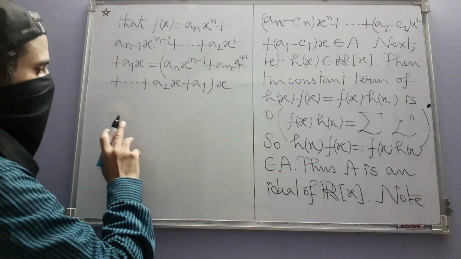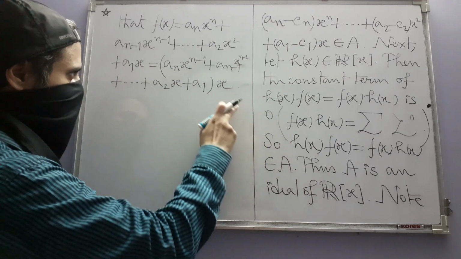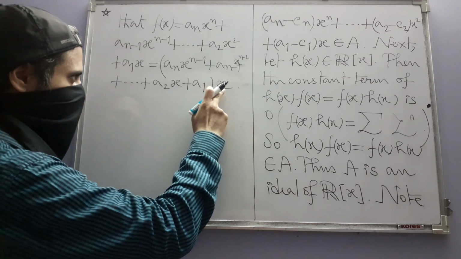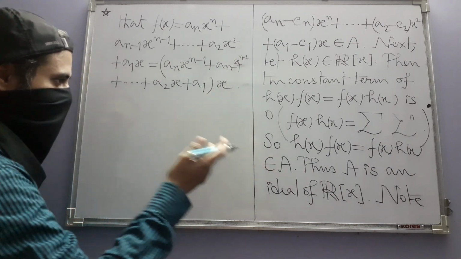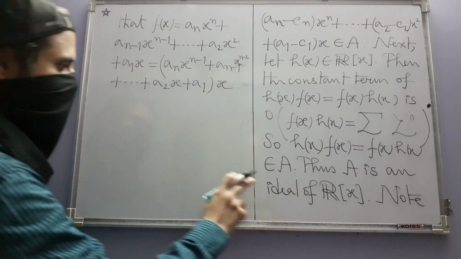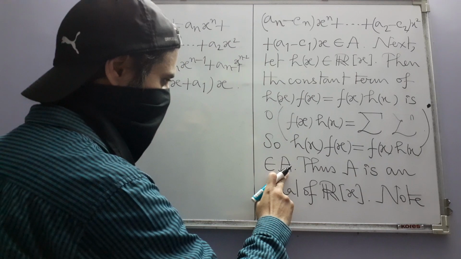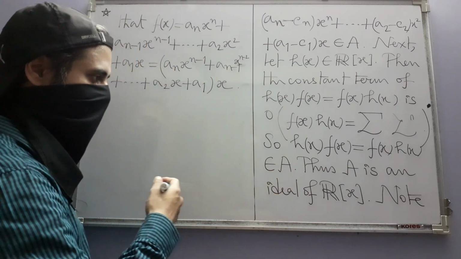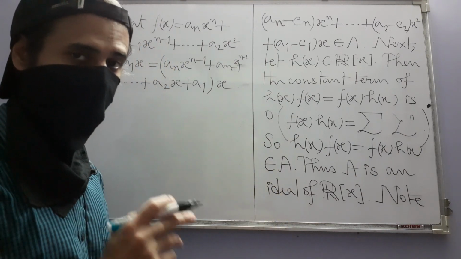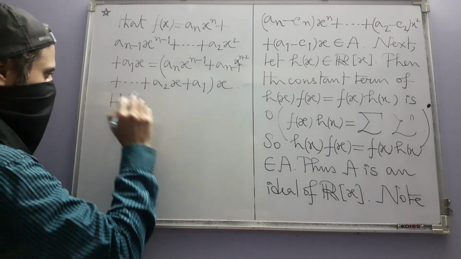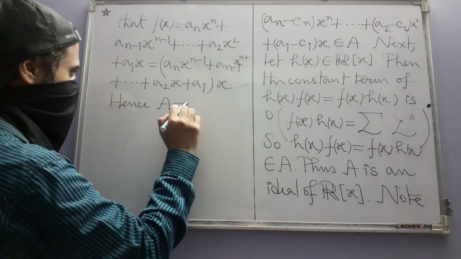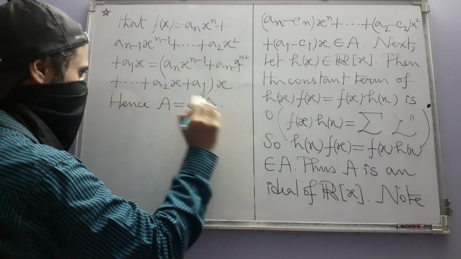So that means any element in A is a multiple of the monomial x, and that's what tells us that the ideal A is just simply the principal ideal generated by x. Hence, this.